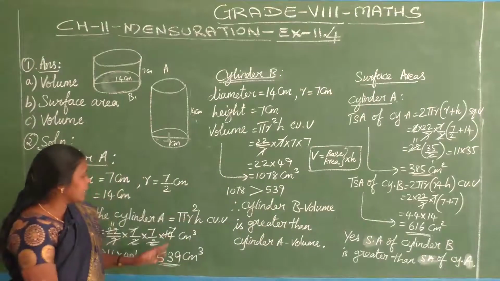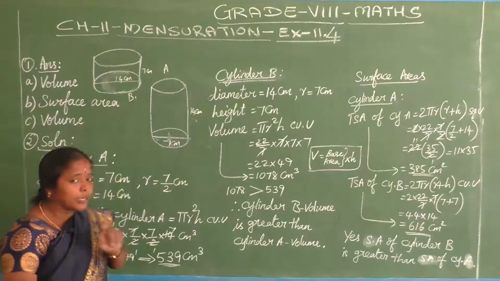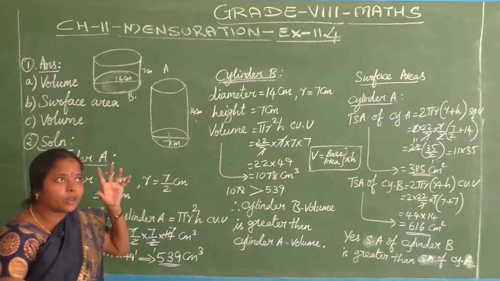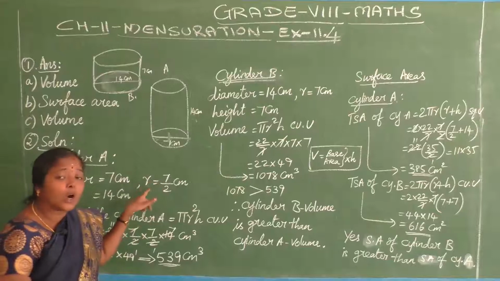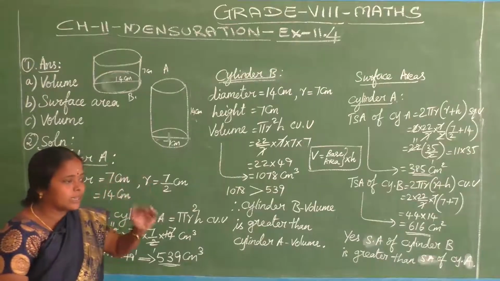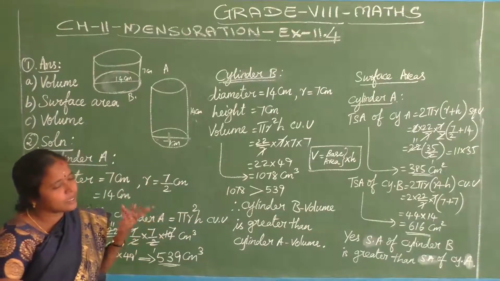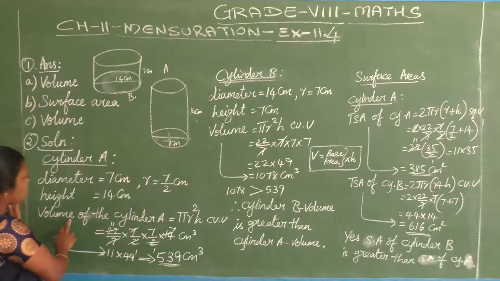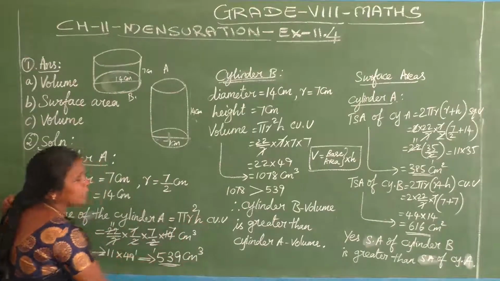Pi r square h cubic units, not square units. Again I am telling, surface area means you have to think about square units. This is volume, 3-dimensional: length, breadth, height, in meter or centimeter. So you have to say cubic units. Clear? So volume of the cylinder A is pi r square h cubic units.